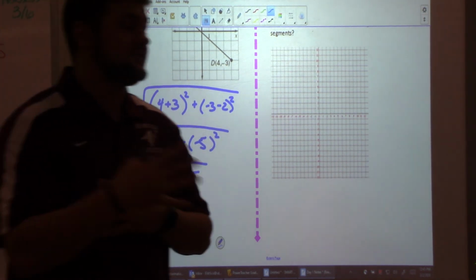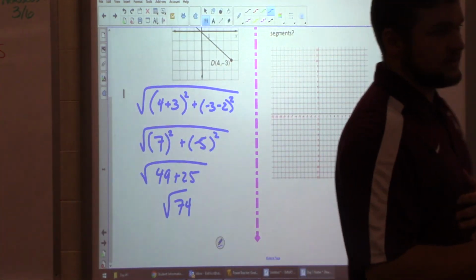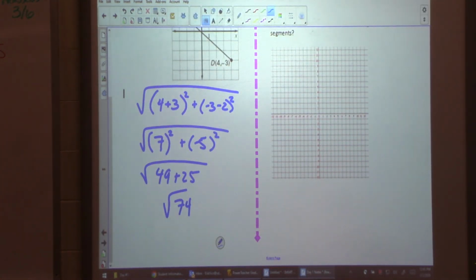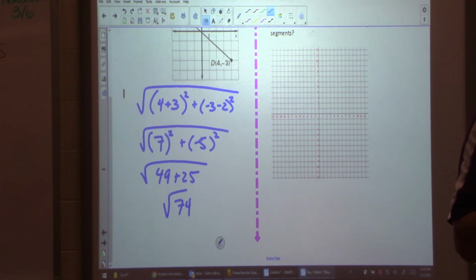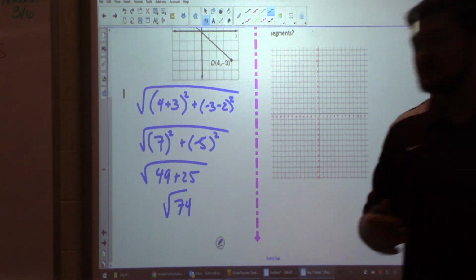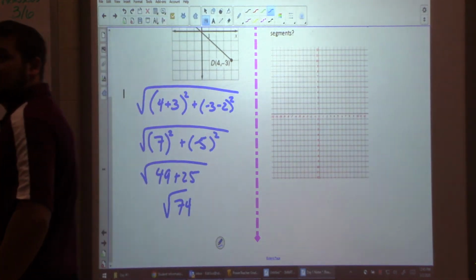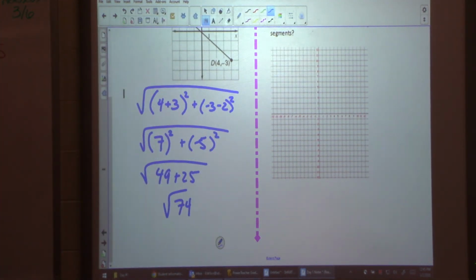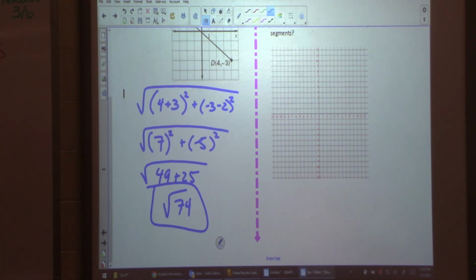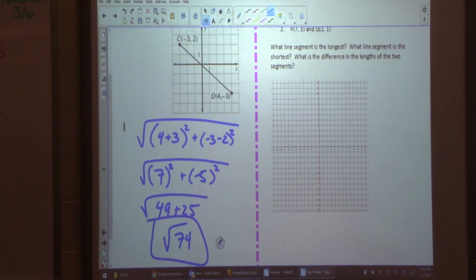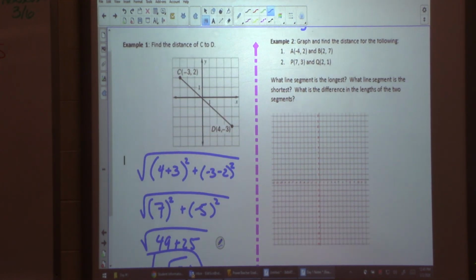So if we're comparing distances, decimals are okay. If we're just looking for a distance, I want simplified radical form, so it's the exact distance. Does that make sense? Okay, so is there a perfect square that goes into 74? No. So my answer is just the square root of 74. Okay? Does that make sense? Yes, no? Yep. Okay, let's try the next one then.